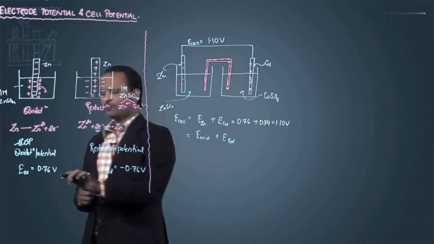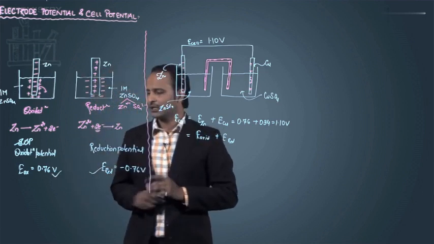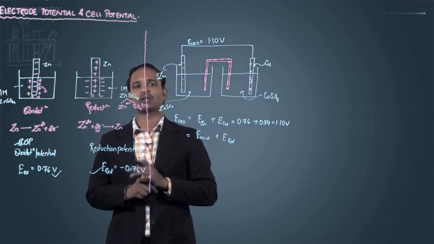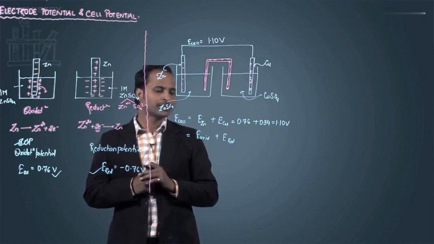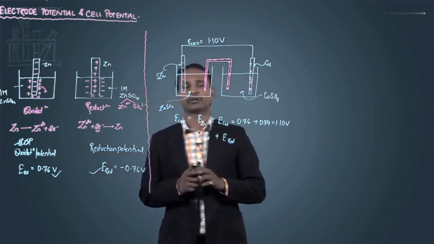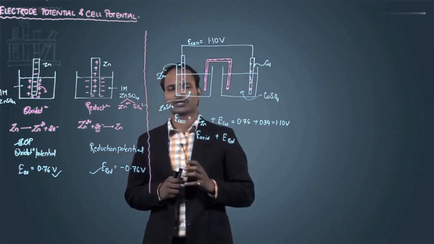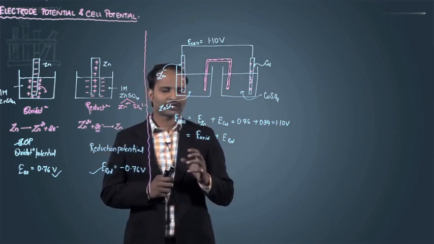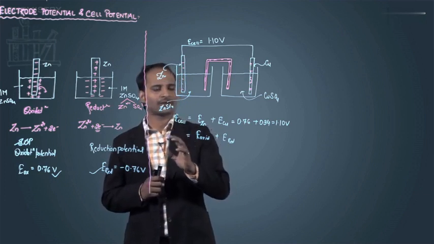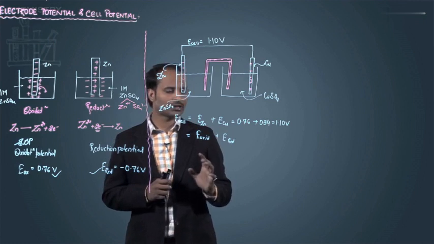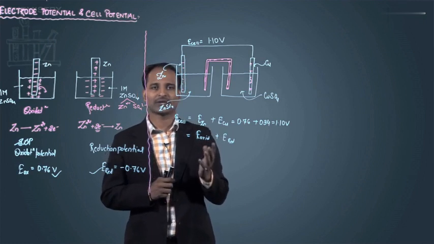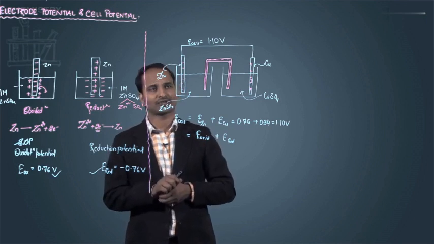We have two types of potential, oxidation and reduction, and as I said, if the electrode is the same, then its oxidation and reduction values are the same, only the sign changes. Now the rule says that instead of considering both the potentials, we always prefer reduction potential. If you want to know the cell potential, then for the cell potential calculation always consider reduction potential. So here I'm going to remove this oxidation potential, and instead of oxidation potential I will consider reduction.